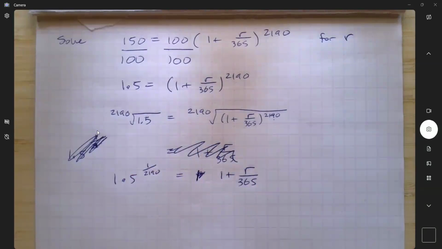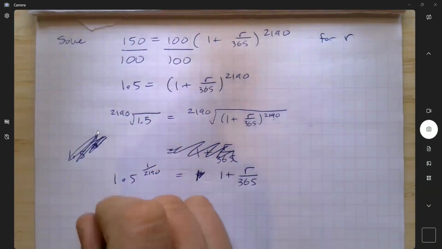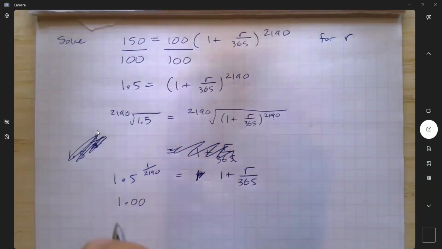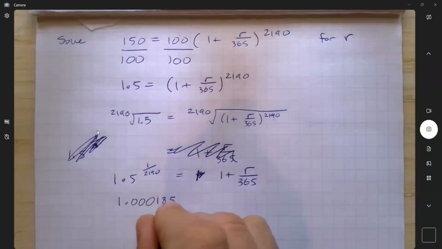1.5 to the 1 over 2190 is a number very, very close to 1. And so you need to keep track of lots of decimals here, or else you're going to lose precision before you're ready for it.